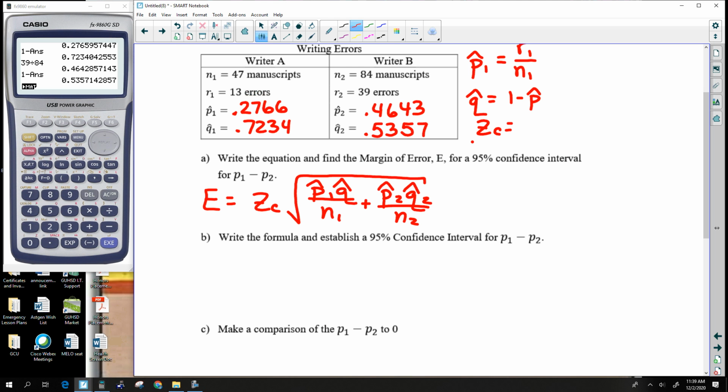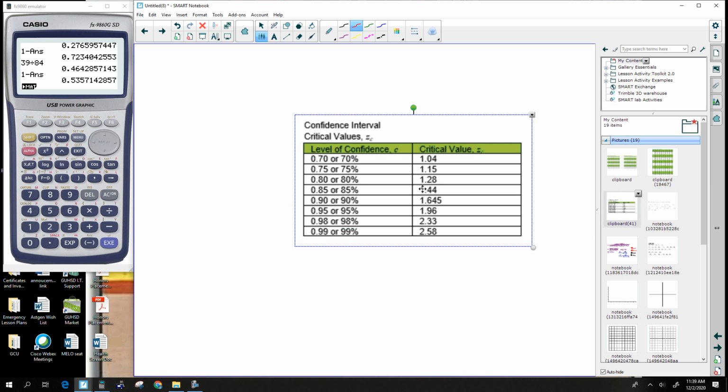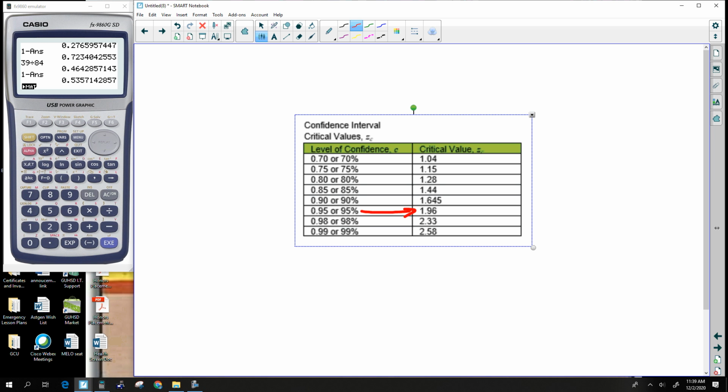To get a ZC, all you need is a confidence. Here we are provided a confidence of 95%. We look at the Z table, and 95% says our ZC is 1.96.